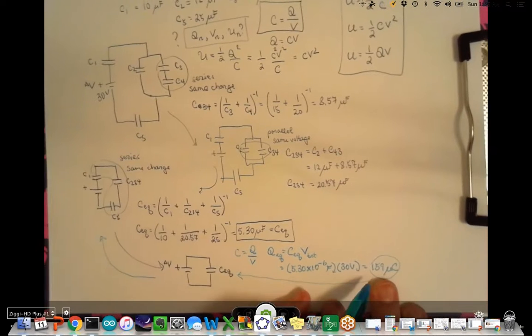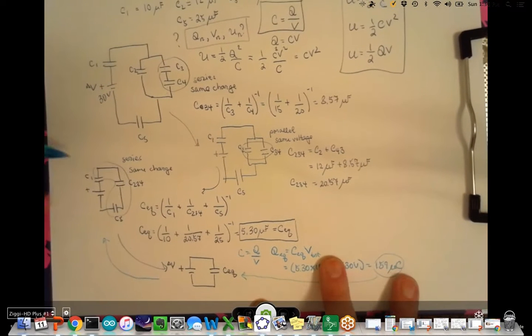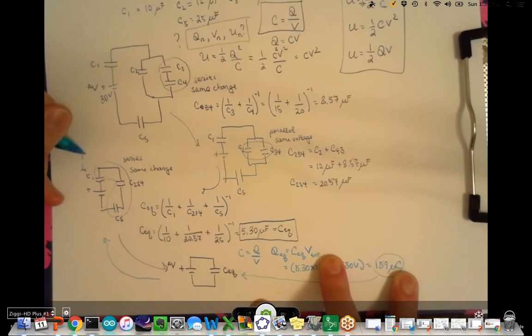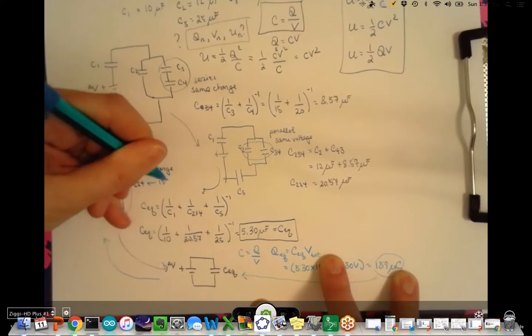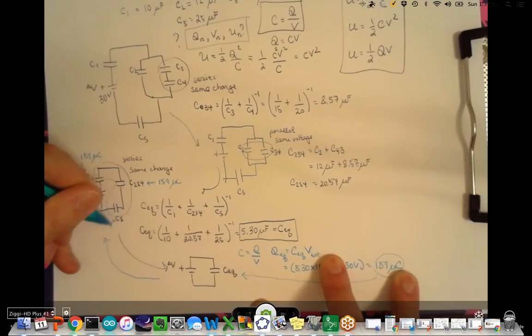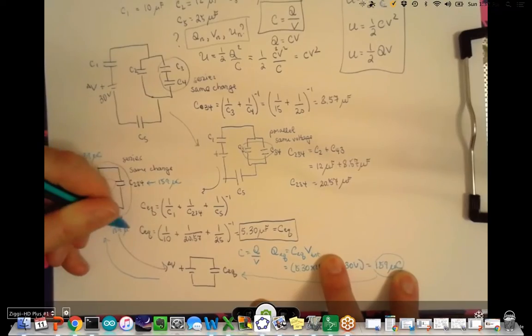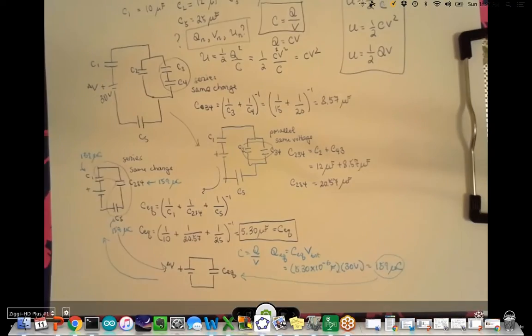So if the equivalent charge was 159 microcoulombs, then this is 159 microcoulombs, and this is 159 microcoulombs, and this is 159 microcoulombs. So we found the charge on C1 and C5 and the combination of C2, 3, 4.